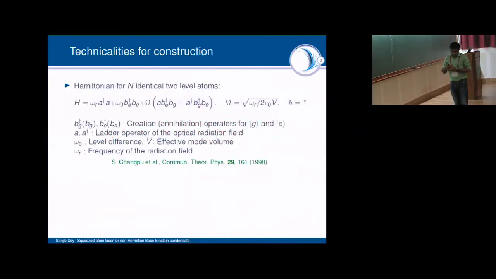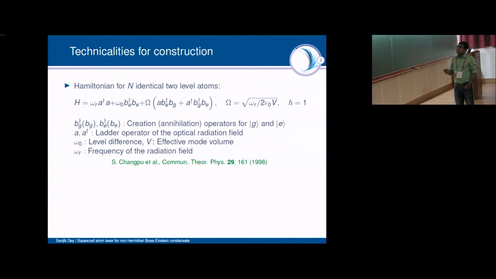Let's go into some of the technicalities slightly. I will go quickly. I understand that this is mathematics, but I will be quick. We have the Hamiltonian, where A dagger and A are the creation and annihilation operators, the ladder operators for the optical radiation field.